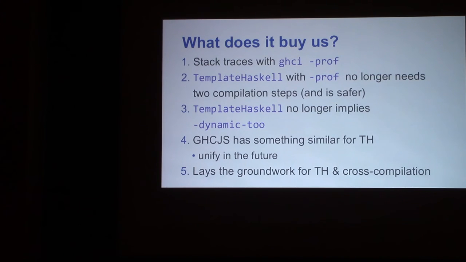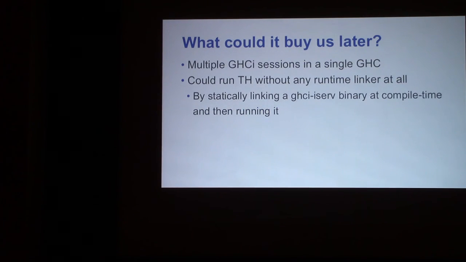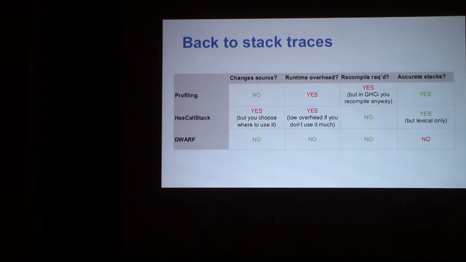And in the future, perhaps we can do Template Haskell with cross-compilation by building on this stuff. There are also things we could do later, like having multiple GHCi sessions in a single GHC, and running Template Haskell without any runtime linking. But these things need some extra work before they can happen.